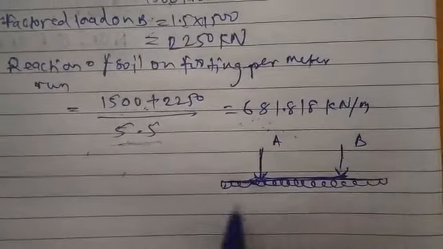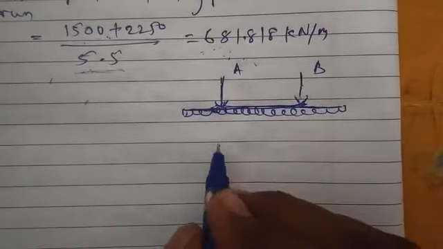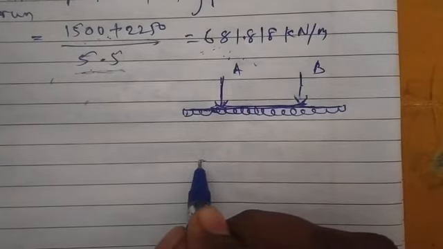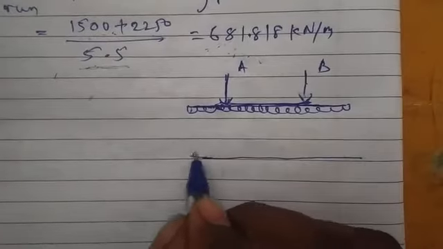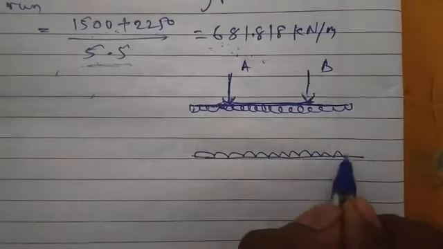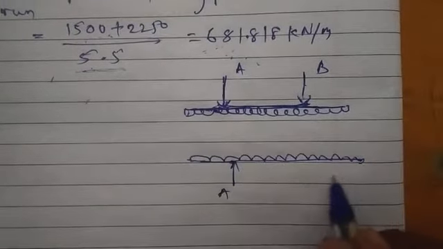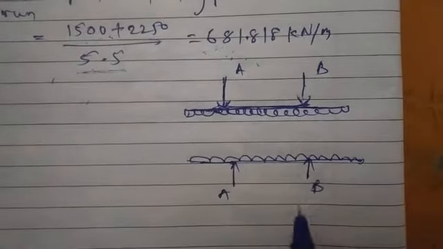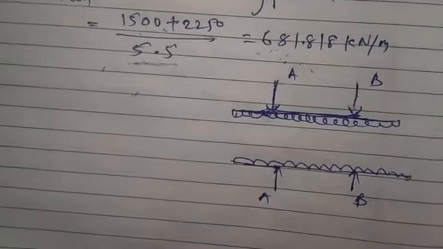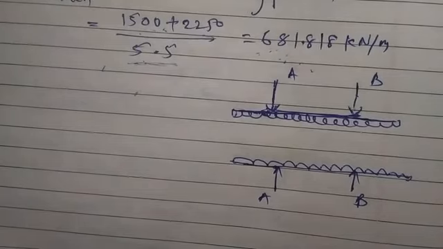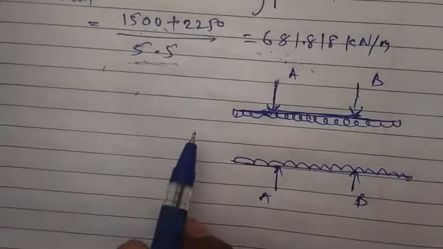So if you invert this condition, if you rotate it 180 degrees, it will be like this. This type of problem had been solved by us in theory of structural mechanics, or strength of materials, for calculation of bending moment.